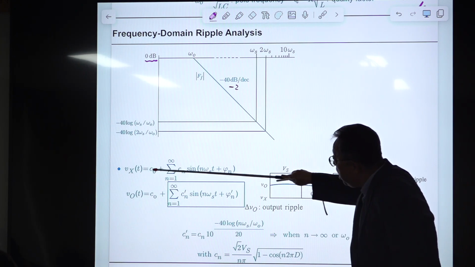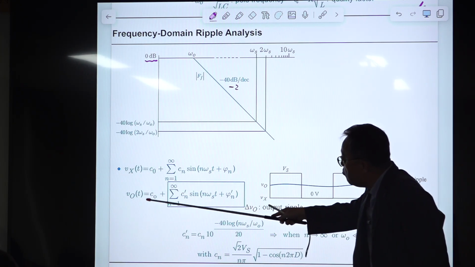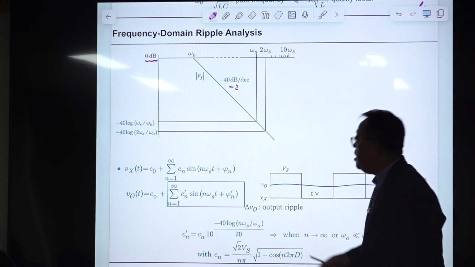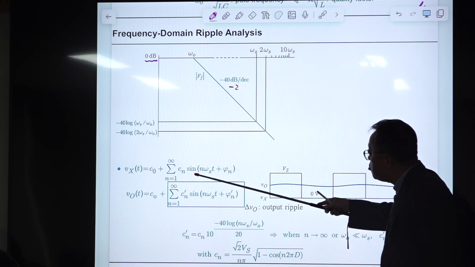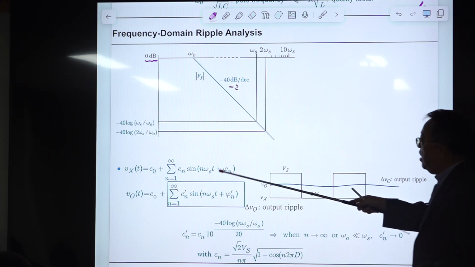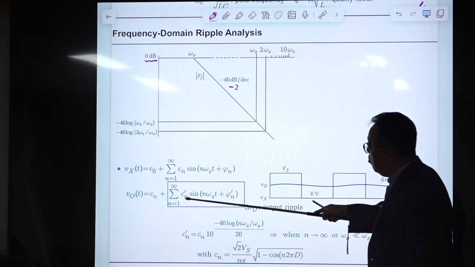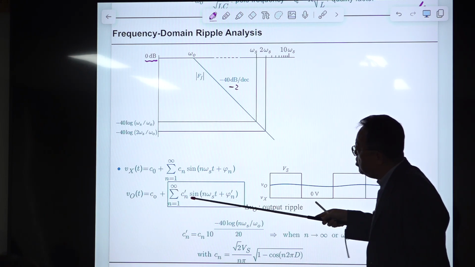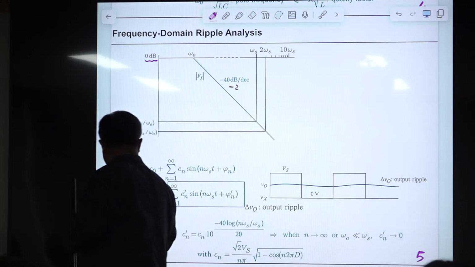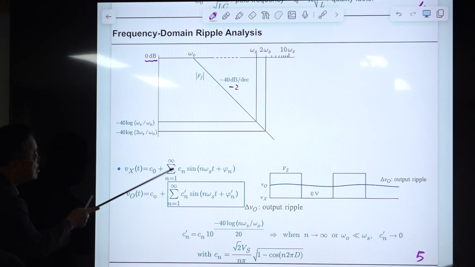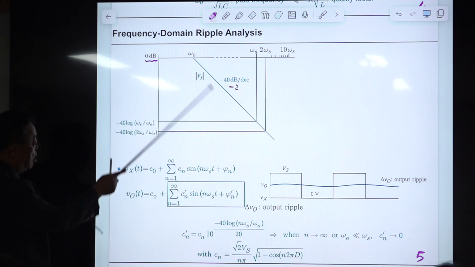Here, C naught is this component, which will be passed without any change. The sinusoidal components will be attenuated by this filter, and we have a relationship between them and this attenuation factor. So Cn prime, the coefficient of the output voltage, which is an attenuated version of Vx(t), is simply Cn times the attenuation factor.